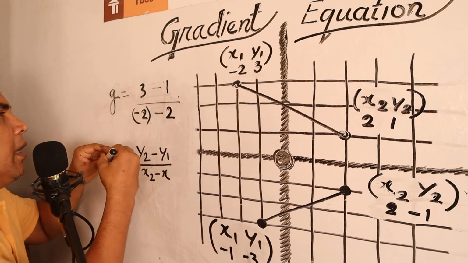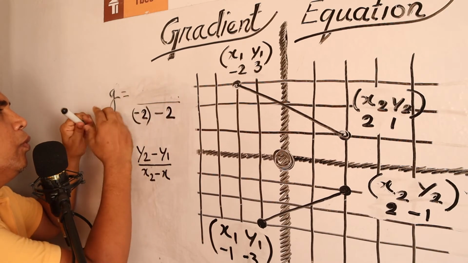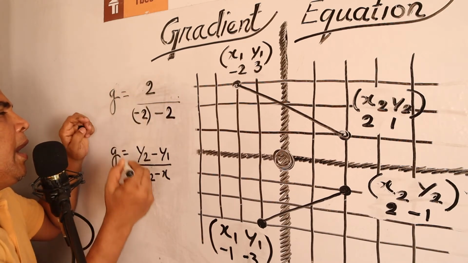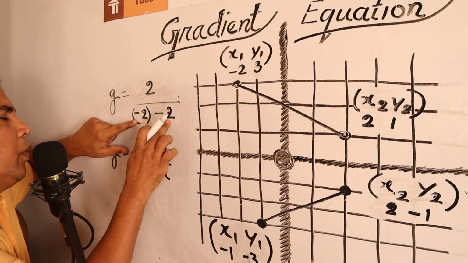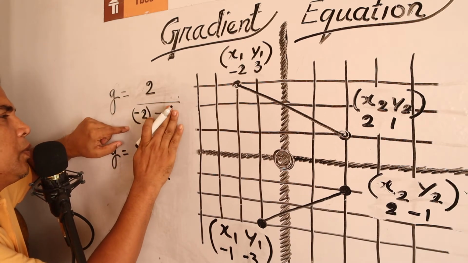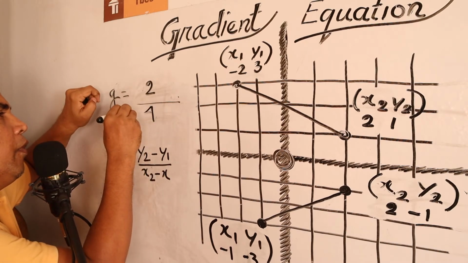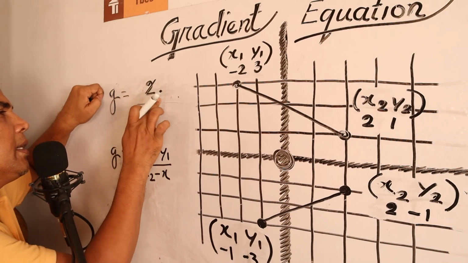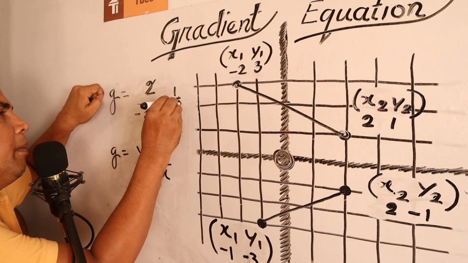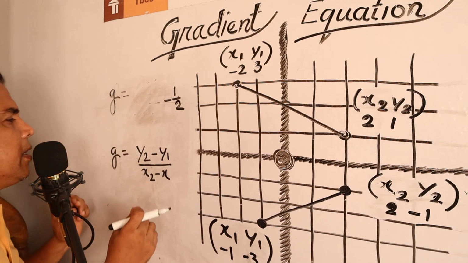So finally, the result of 3 minus 1 is equal to 2. And this is minus 2 and this is again 2, so minus 2 and minus 2 makes minus 4. Finally, the result is minus half. This is the result of one gradient.